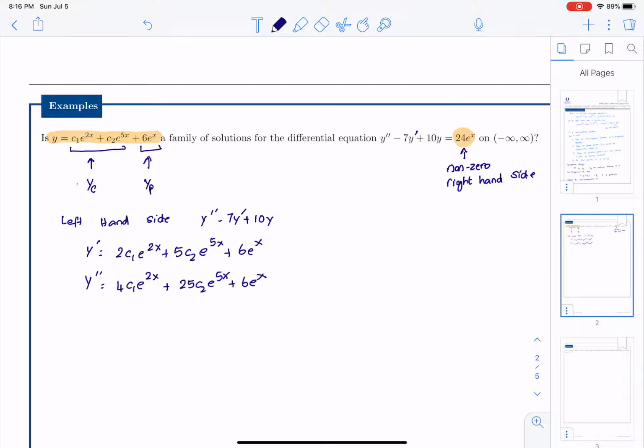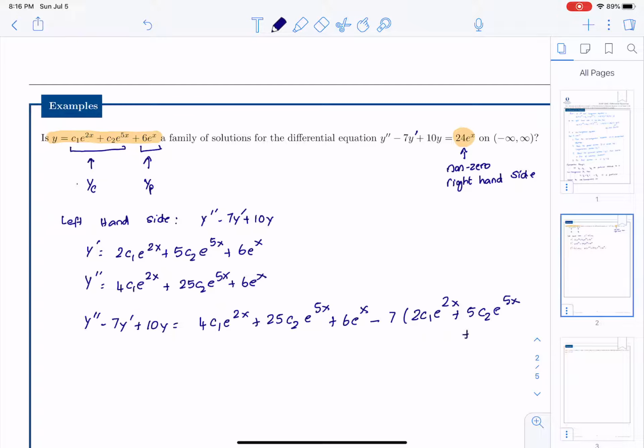So the left-hand side is y double prime minus 7y prime plus 10y. That would equal 4c1 e raised to 2x plus 25c2 e raised to 5x plus 6 e raised to x, minus 7 times 2c1 e raised to 2x, 5c2 e raised to 5x plus 6 e raised to x, plus 10 times c1 e raised to 2x plus c2 e raised to 5x plus 6 e raised to x.